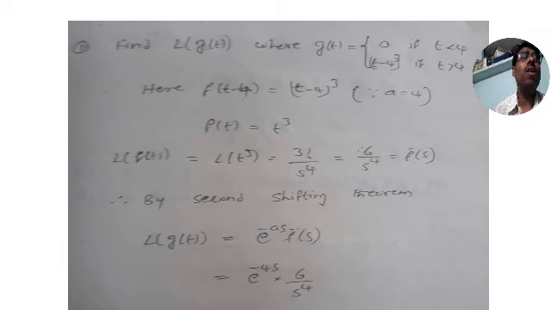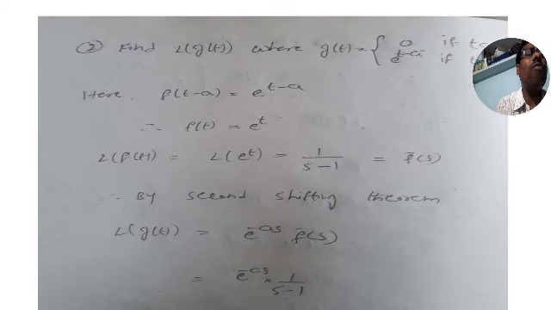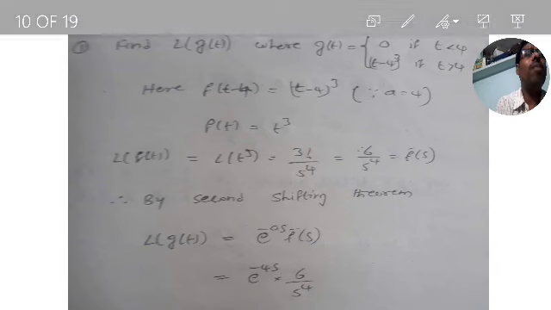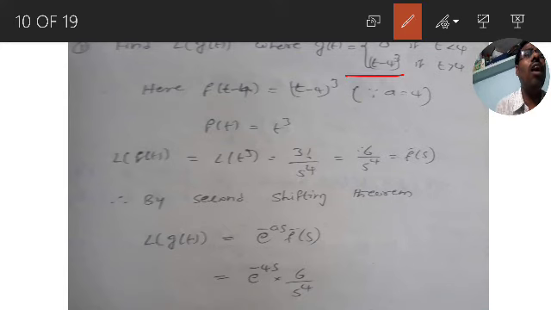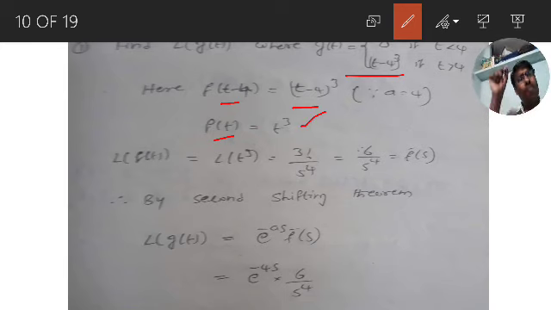In place of f of t minus a, we have t minus 4 whole cube. So f of t minus 4 is t minus 4 whole cube. So if it is t minus 4, then it is t minus 4 whole cube; therefore if it is t, then it is t cube. So this f of t we need to find. From the problem, what did we get?